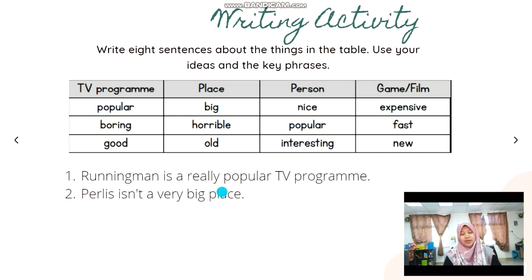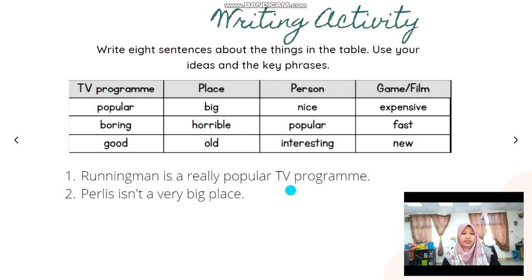Okay, so for your writing activity, you have to write 8 sentences about the things in the table. Use your ideas and key phrases we have learned from adverbs of degree and adjectives. So for example, I have TV program. The first sentence that I've made is, Running Man is a really popular TV program.